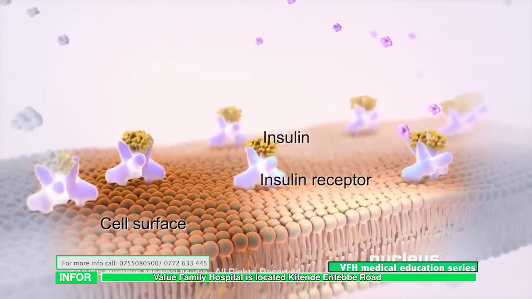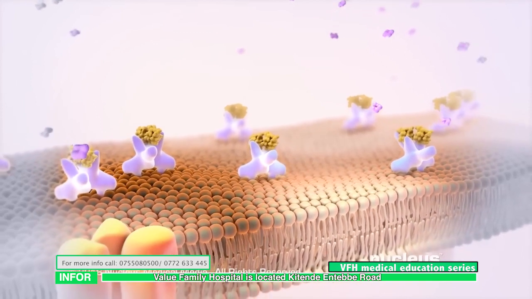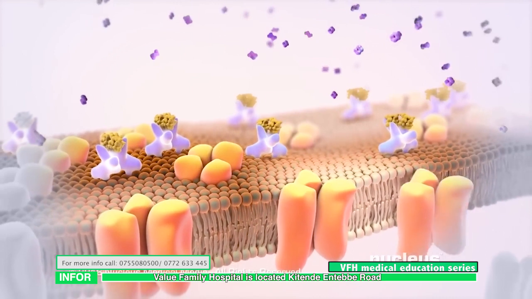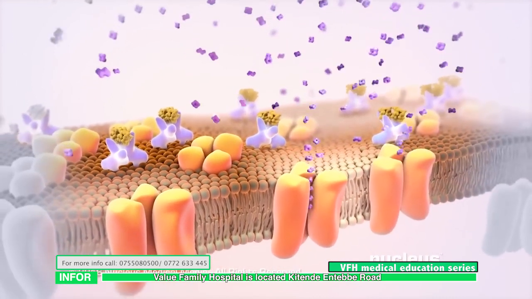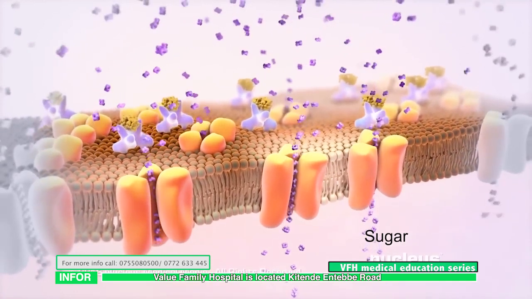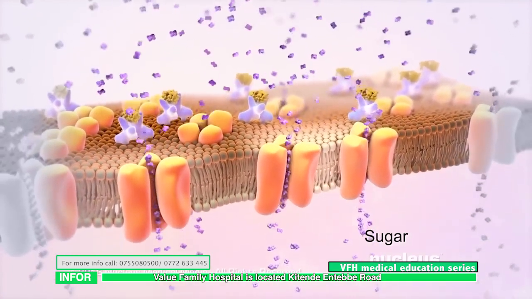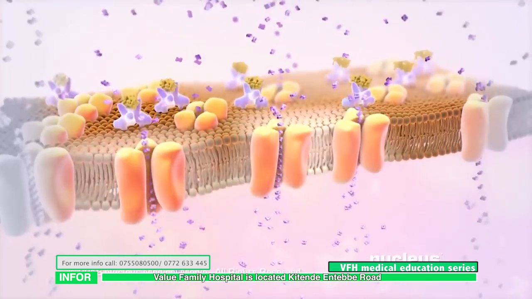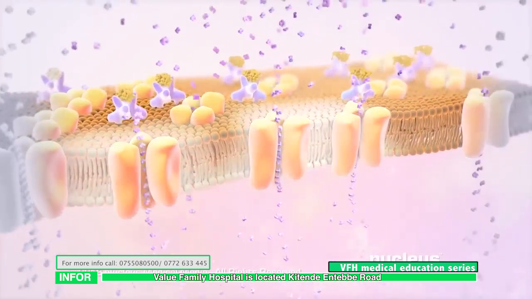There is also another test that we call HbA1c, glycosylated hemoglobin. That is a test that helps us diagnose diabetes, because it tells us how your blood sugar has been in the past 3 months. The normal range of HbA1c is less than 6.4%.